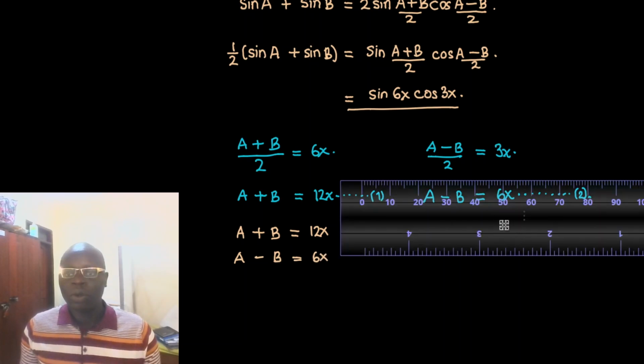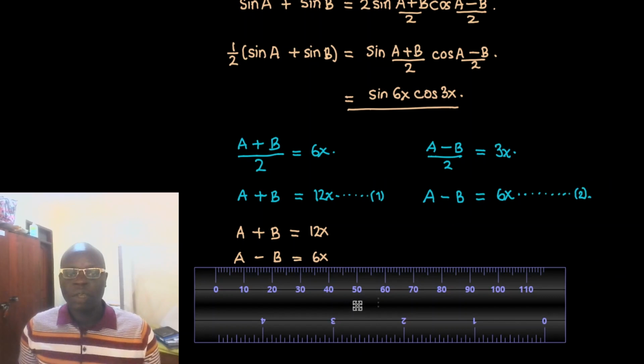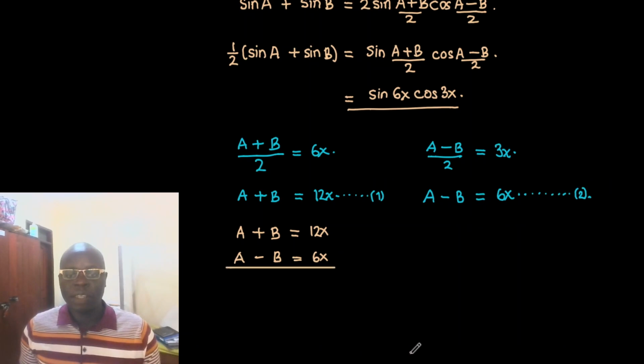So we can solve this by the elimination method, and here we need to eliminate B. Since the signs are different, we can simply add these equations together. So A plus A, we have 2A, and B goes to 0, and 12 plus 6, we have 18, and we attach our x.